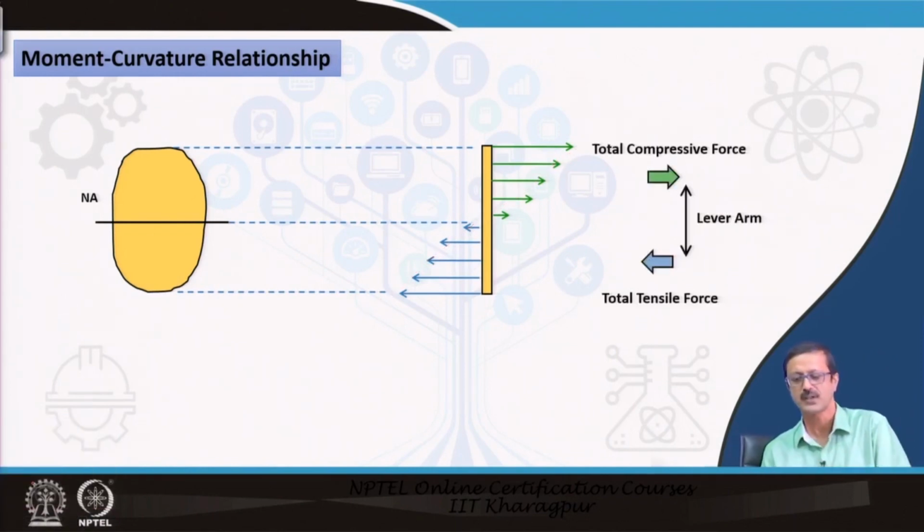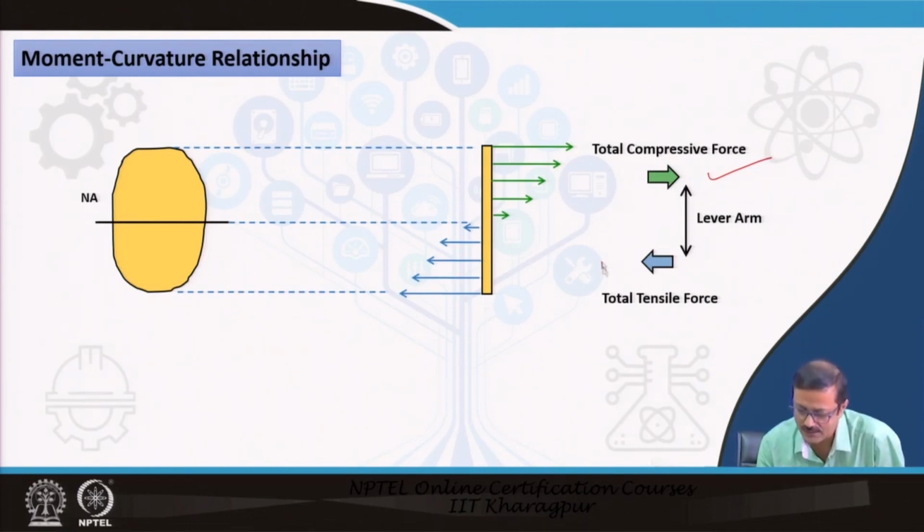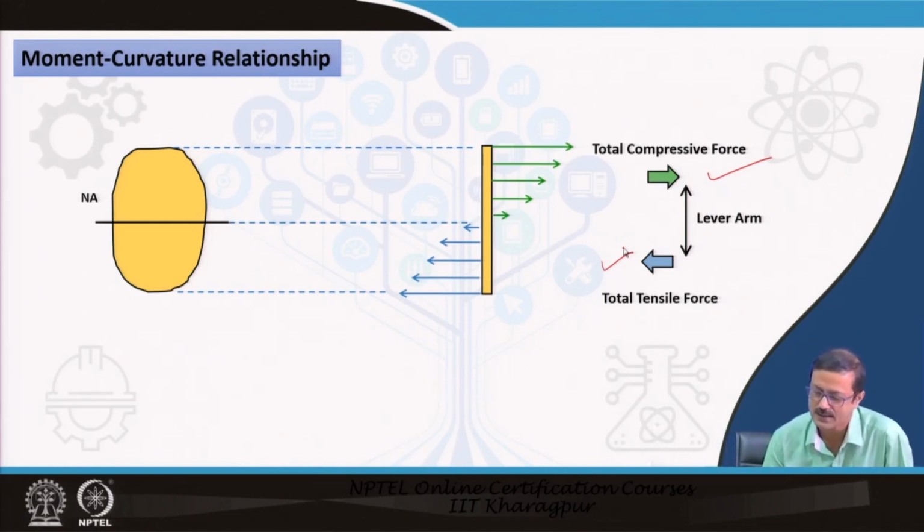So this total compressive force, compressive stress is applied over the area above the neutral axis. Maybe it is varying from 0 to some value, but in totality it will give some kind of a compressive force. Similarly, the total tensile force is also going to be evaluated because it is below the neutral axis, and you know the area below the neutral axis, you know the variation, so you can find out the tensile force applied over here, and this will be separated by a distance called the lever arm.